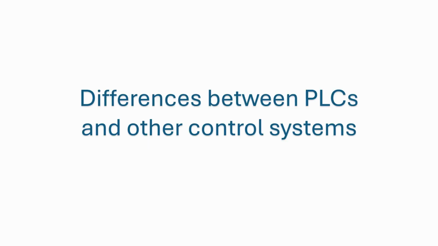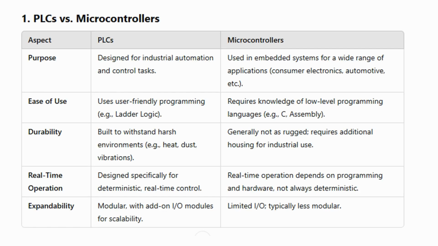So I want to talk a little bit about some of the differences between PLCs and some other control systems that are out there. PLCs versus microcontrollers. PLCs are designed for industrial automation. Microcontrollers are more for embedded systems, like some consumer electronics, automotive, etc. As far as ease of use, PLCs, I would say, have very user-friendly programming.